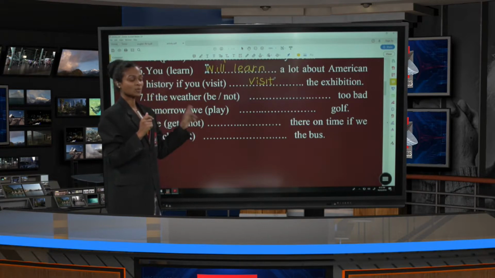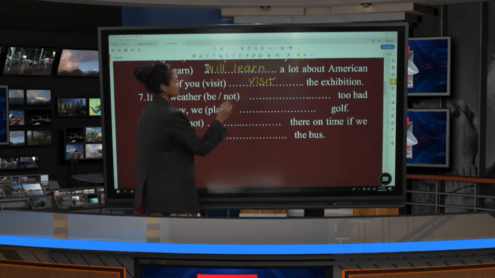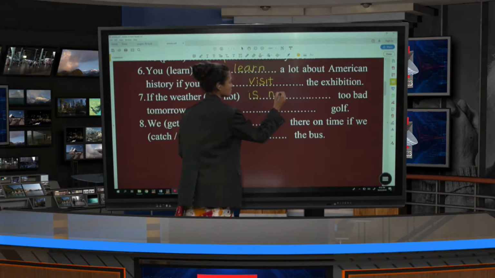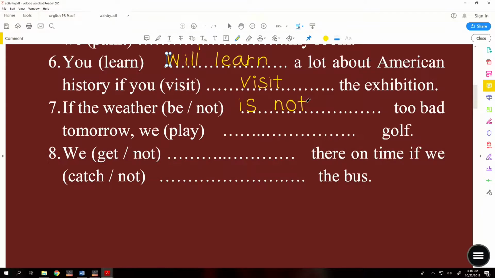give a negative sense. If the weather is not too bad. If the weather is not too bad tomorrow, we will play golf.